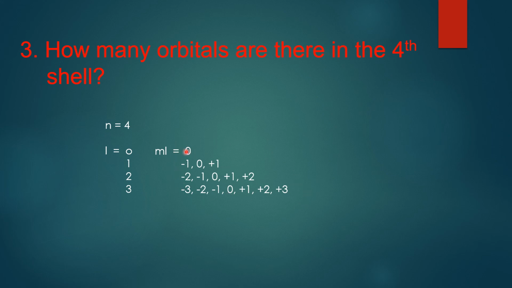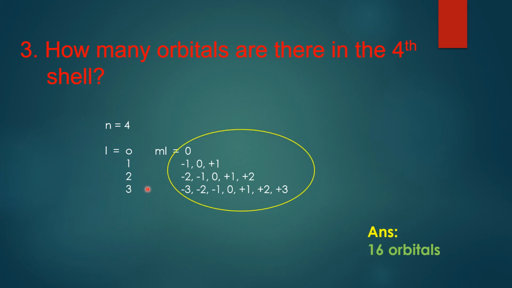If L is 0, that's the s orbital. L is 1, that's the p orbital. L is 2 is a d orbital. L is 3 is an f orbital. We don't actually look at the f orbital. We will only focus up to the d orbital. So altogether, count them, and your answer will come to 16 orbitals.